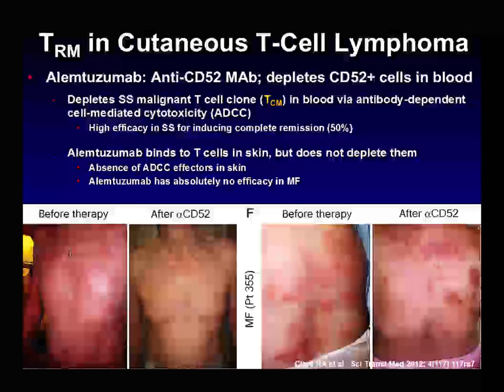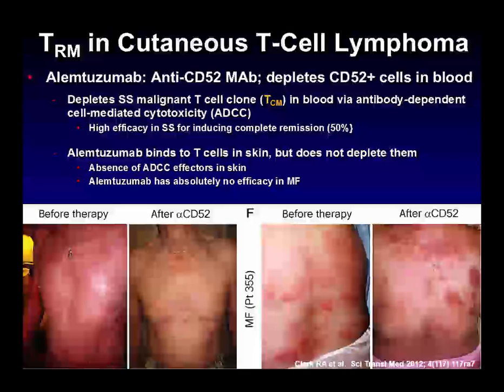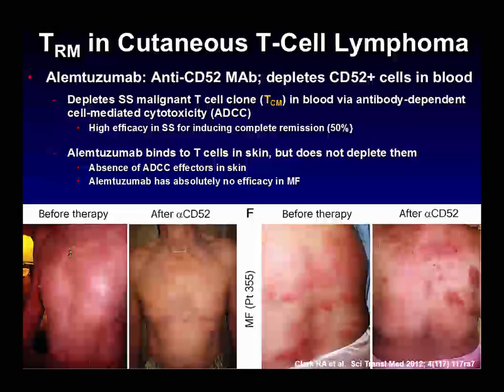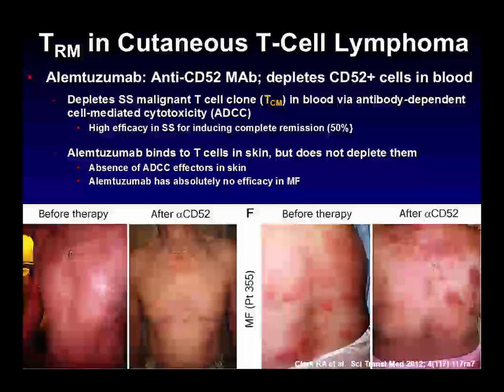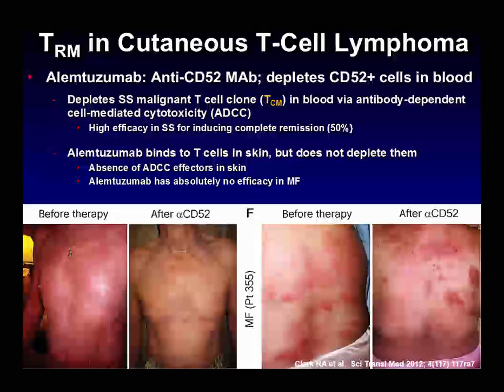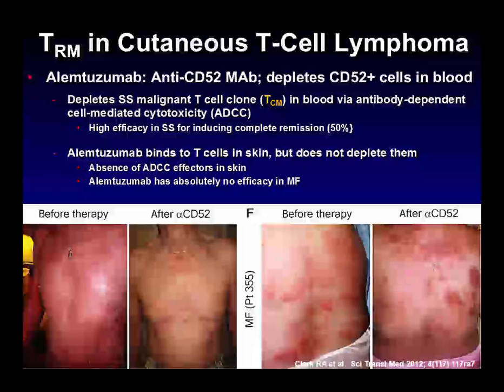Alemtuzumab is an anti-CD52 monoclonal antibody. CD52 is expressed on all lymphocytes. Alemtuzumab can deplete CD52 positive cells in the blood. And studies have shown that it is quite effective at depleting the malignant clone in patients who have Sézary syndrome.